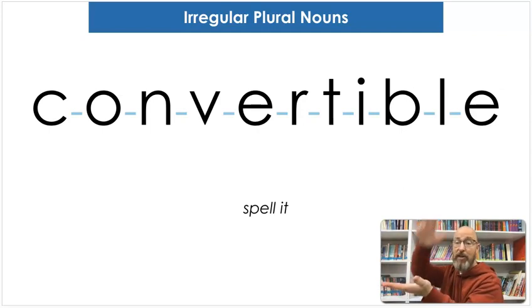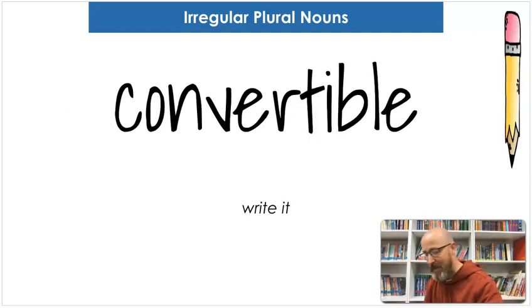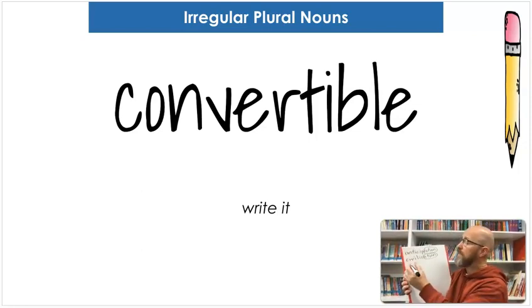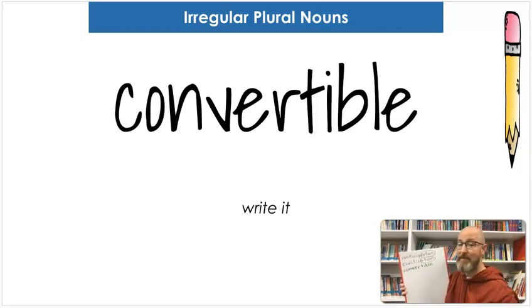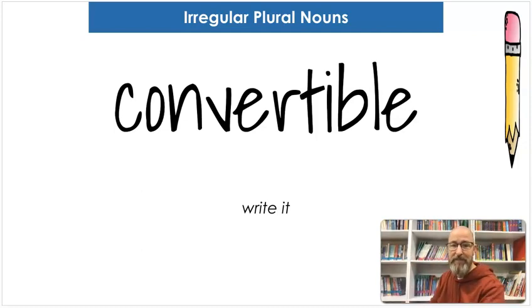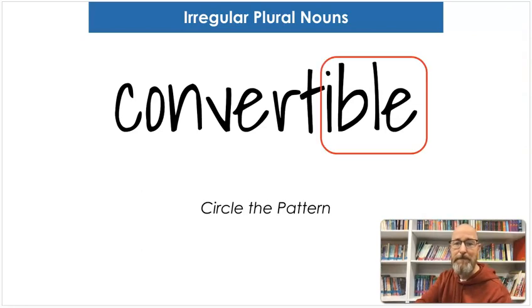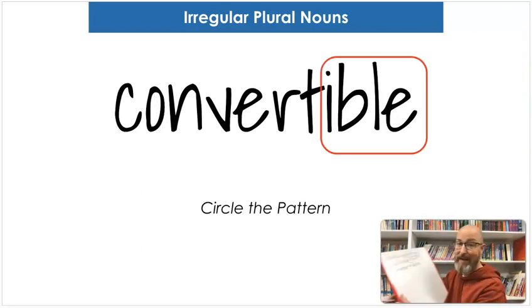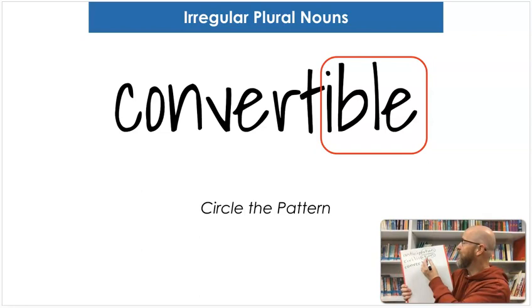Convertible. And we write it. Convertible. It's able to be converted. It can be changed. Of course, I didn't circle mine. Let me circle it. Ible.